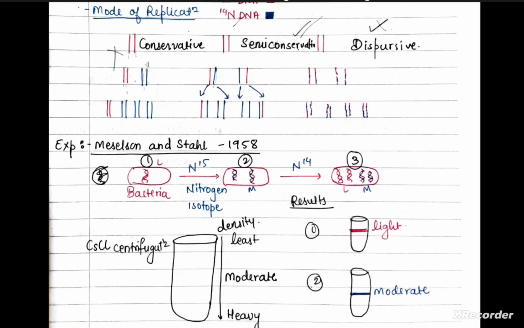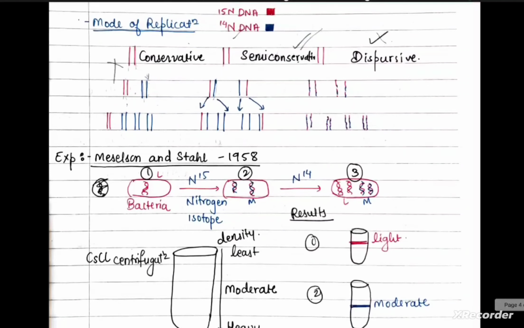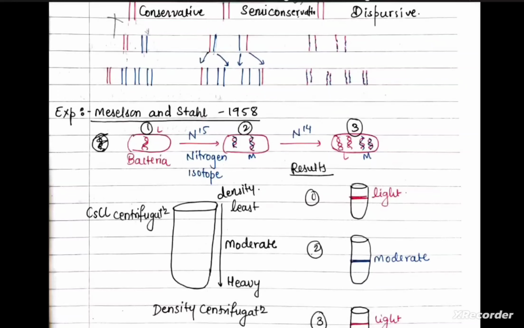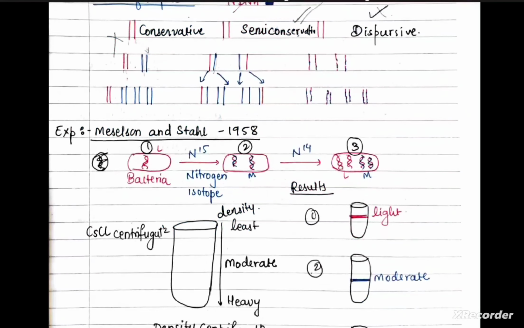For sure it can't be conservative, because if it was conservative, the parent strand, which is light, would have given a light band, and the newly synthesized strand was heavy, so there should have been a clear demarcation between them. They didn't get that, so they kept open the chances of both semi-conservative and dispersive.